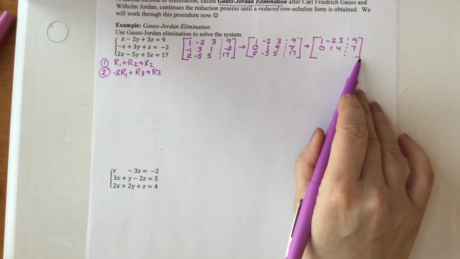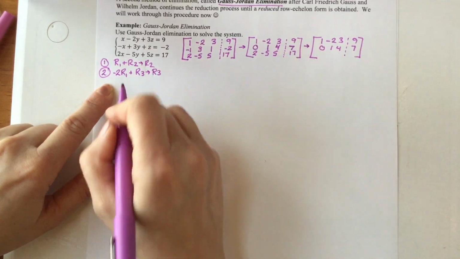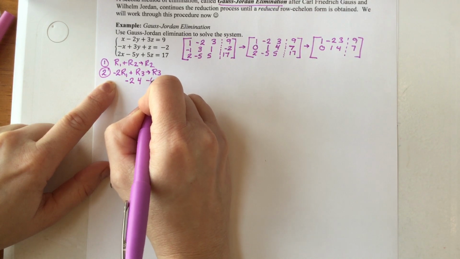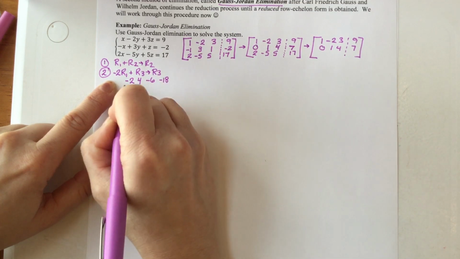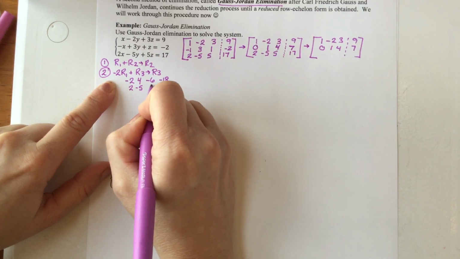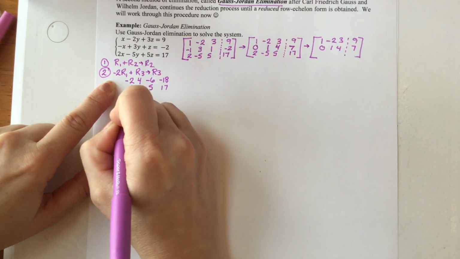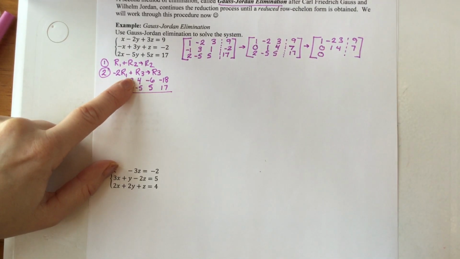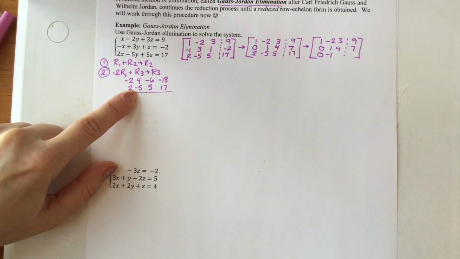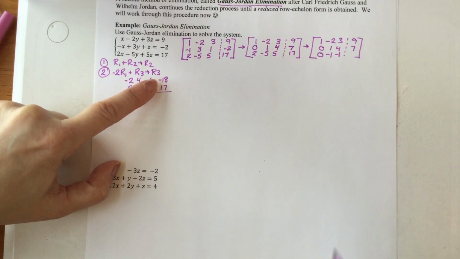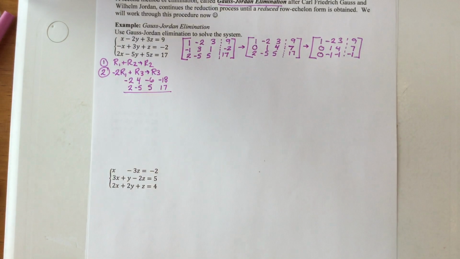Now to get my new row 3, I take the whole top by -2: -2, 4, -6, -18. I add it to the bottom, 2, -5, 5, 17. -2 plus 2 is 0. 4 plus -5 is -1. -6 plus 5 is -1. -18 plus 17 is -1.